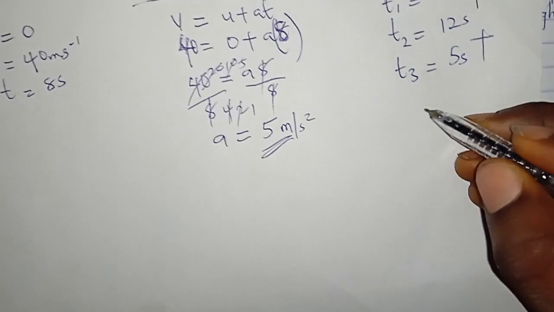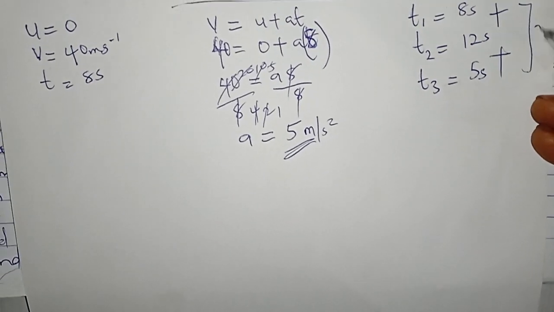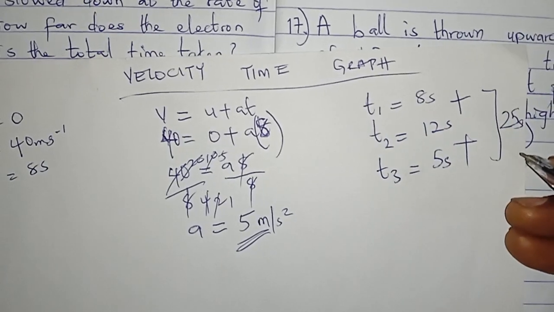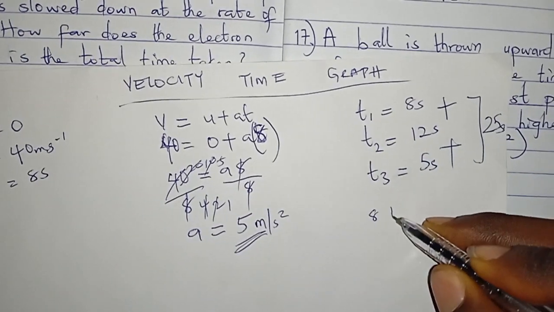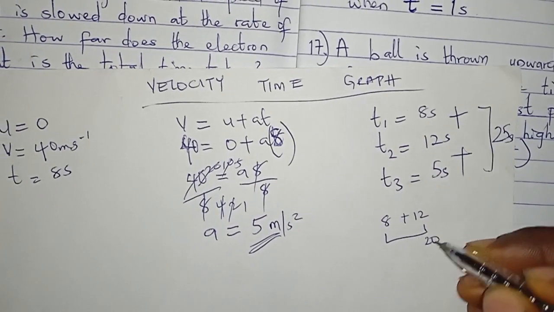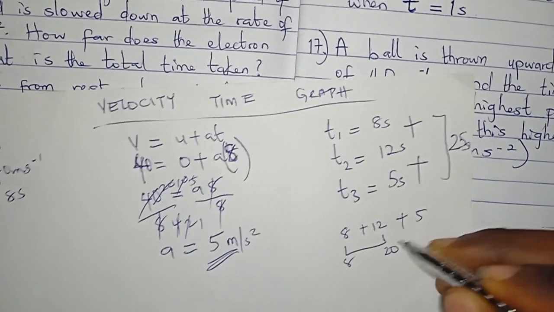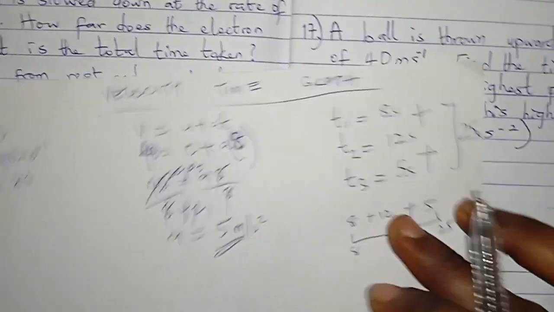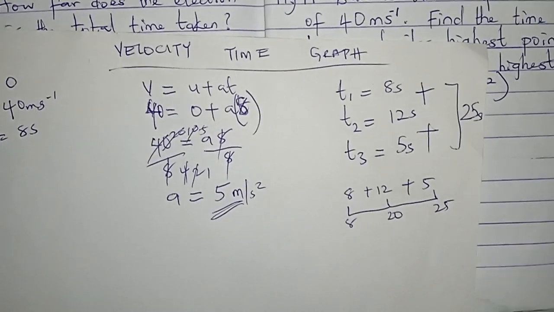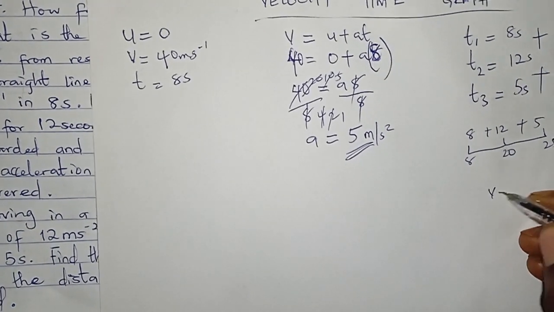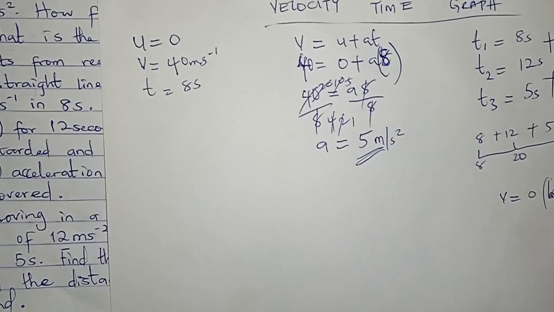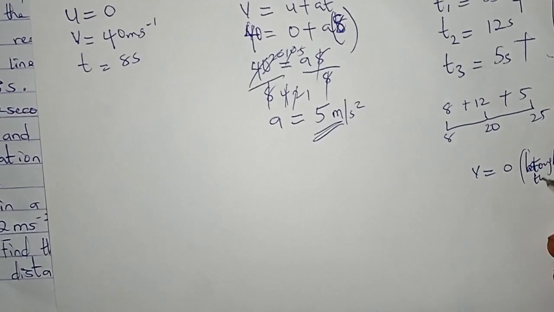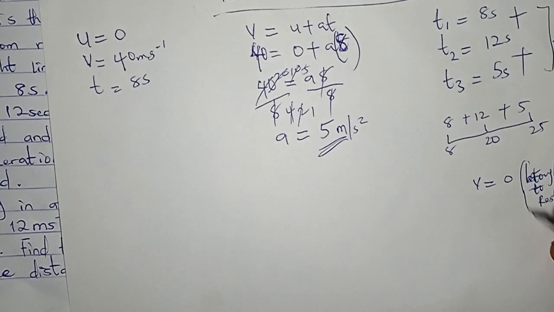If you calculate this, the total time is 8 plus 12 is 20, plus 5 is 25 seconds. When you hear brought to rest, the v there is 0.